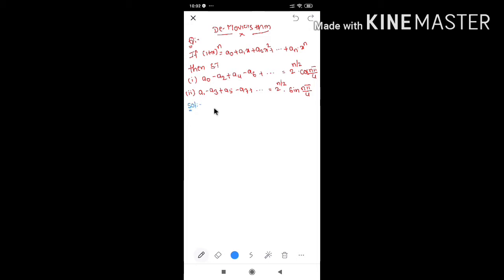Right. Given (1 plus x) whole power n is equal to a0 plus a1x plus a2x square plus a3x cube plus up to an x to the power n.